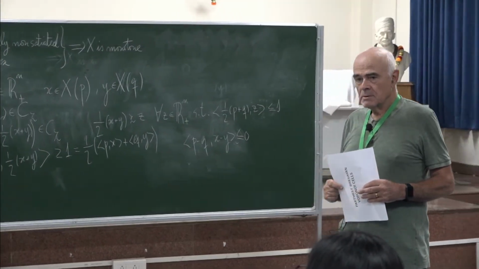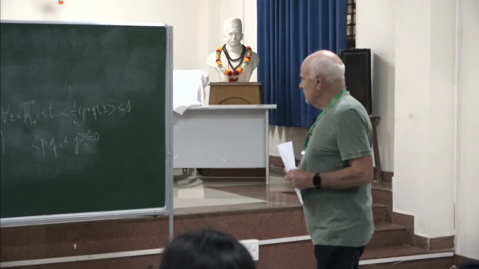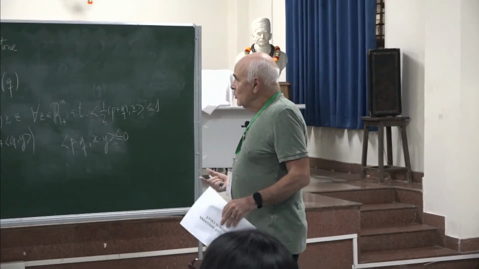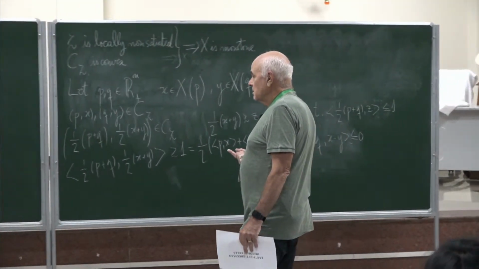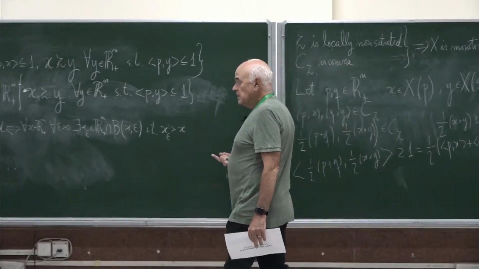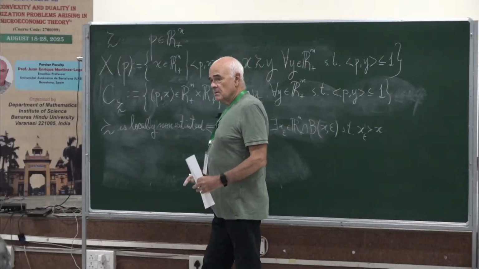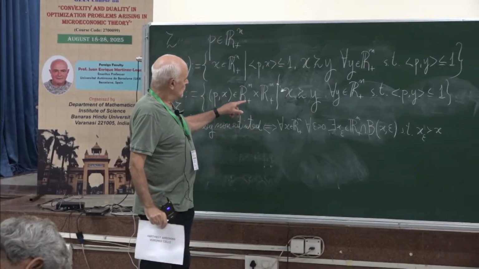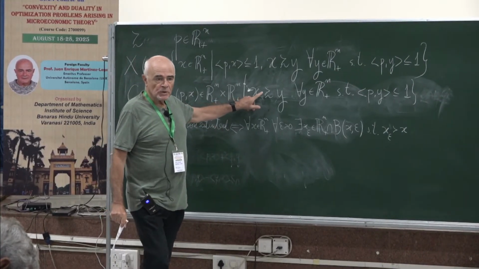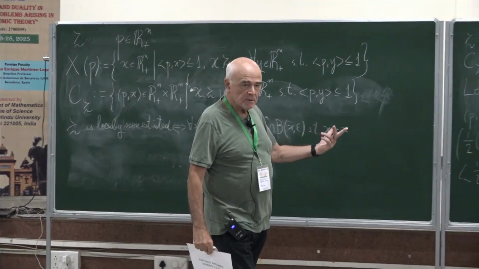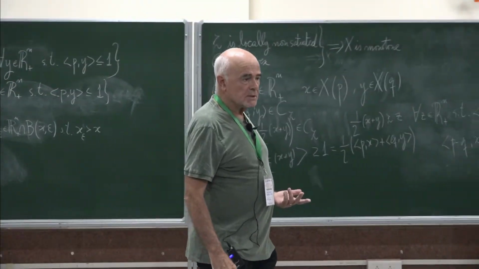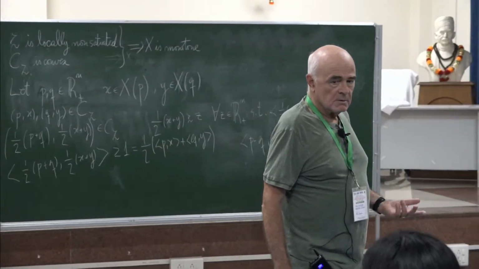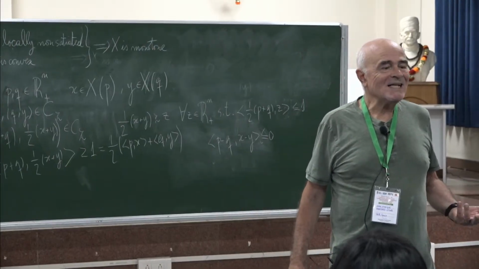But now the question is, again, this set is not a primitive. The primitive is the order relation. So which properties on the preorder guarantee that this set is convex? I don't know. Well, I know very little.